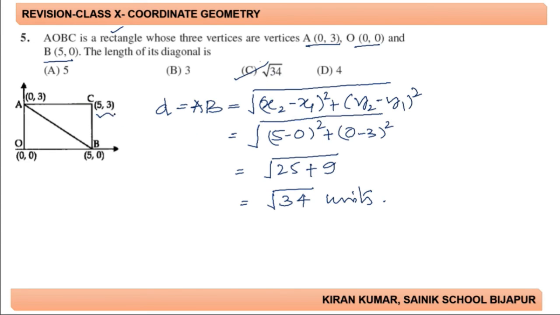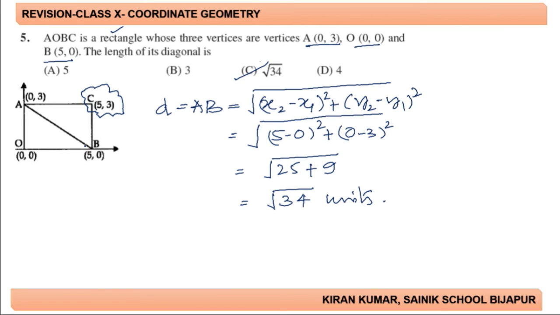How did we find the vertex C as (5, 3)? Since they have given point B as (5, 0), this point B is 5 units away from the y-axis and 0 units away from the x-axis.